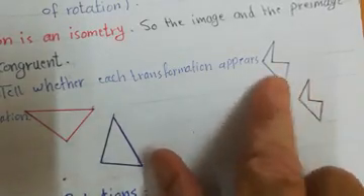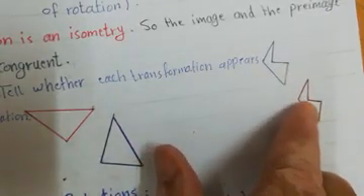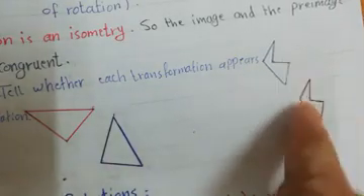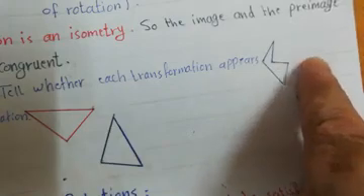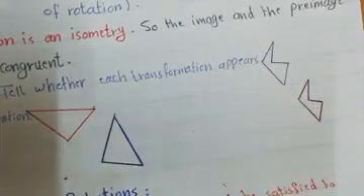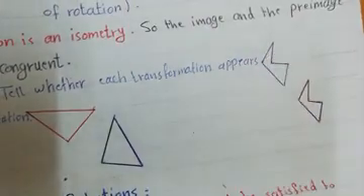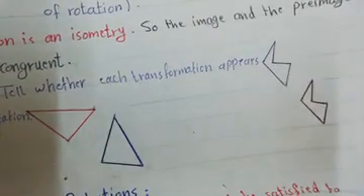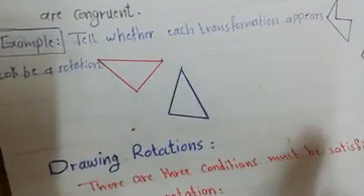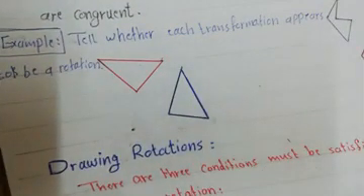This looks like a translation. If you start moving this in circular motion, it will not be congruent to this. They will not match each other. So you can expect if it is a rotation or not.